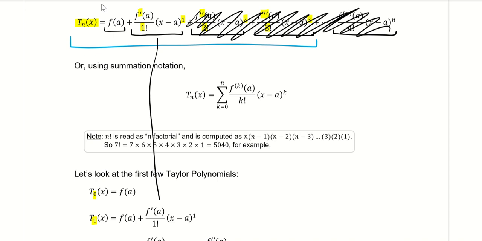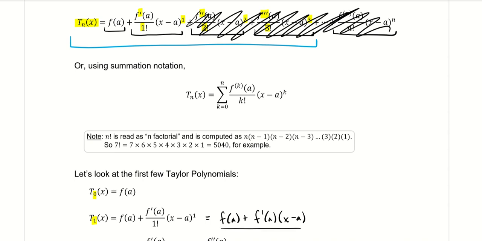So I have this written down here, but if I write this without the extra pieces, so f of a plus, well, 1 factorial is just 1, and x minus a to the 1 is just x minus a. So if I write this without those little extra pieces, putting my first derivative in here.